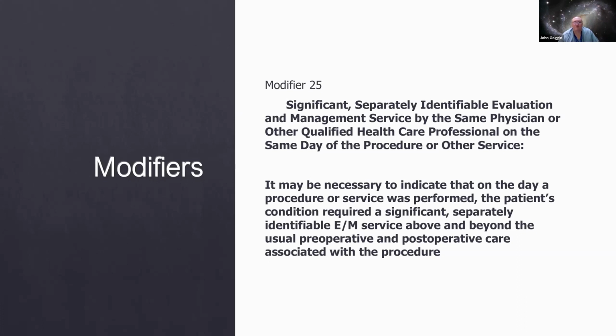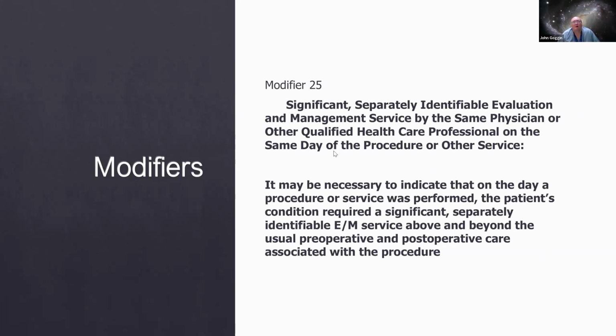However, if that same patient came in, you had seen them previously 2 weeks ago for plantar fasciitis. They came in, they just got a cortisone injection and left. There's no way you could bill an E&M for that.